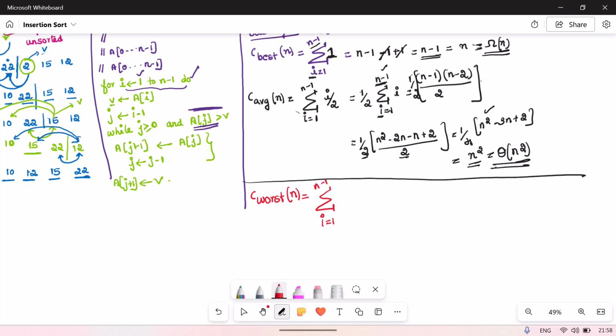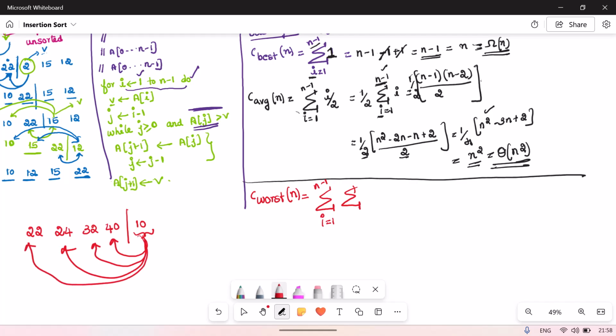Not only that, in case of worst complexity, suppose I have it like this. Suppose this is what I have to compare. See, now 10 is the unsorted list. So I will have to compare it with every element like this, right? Every element.